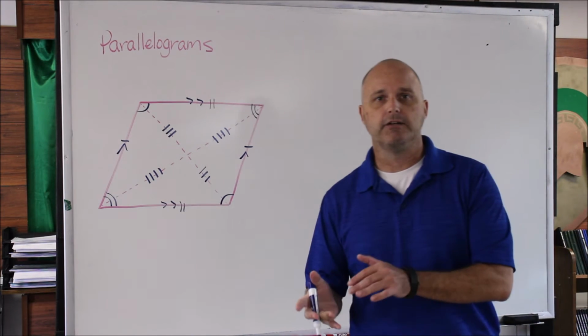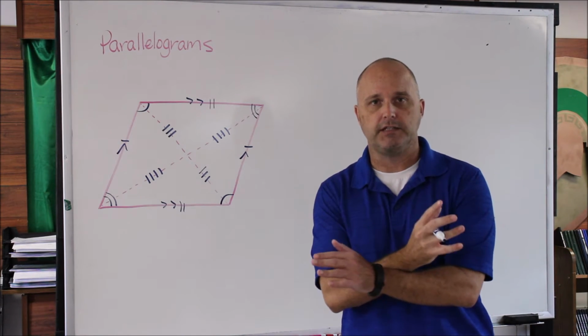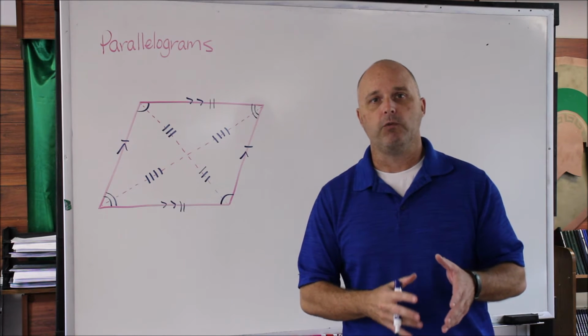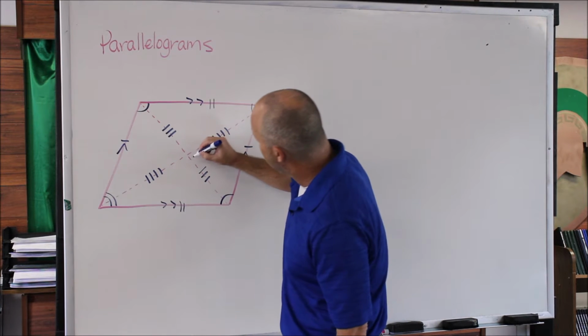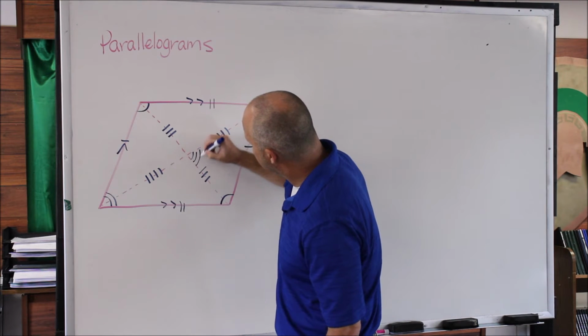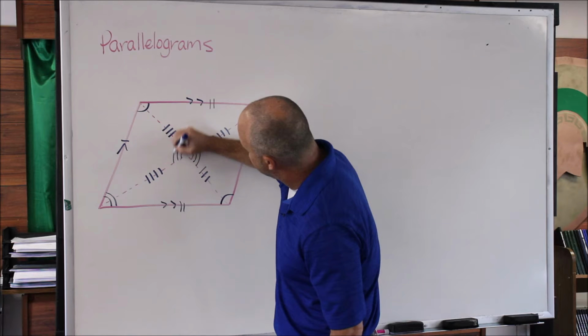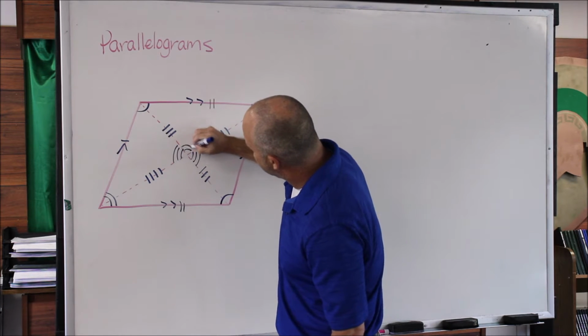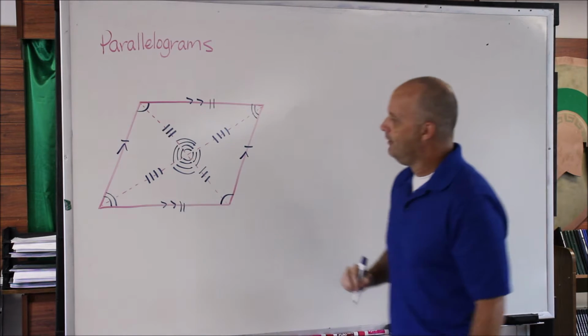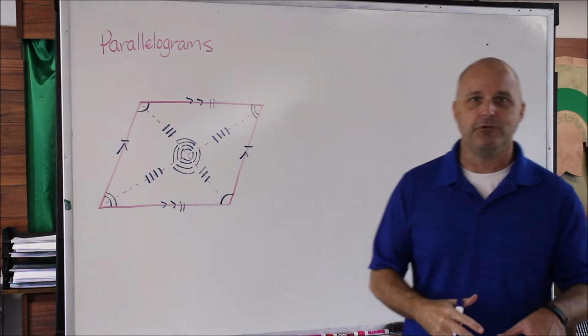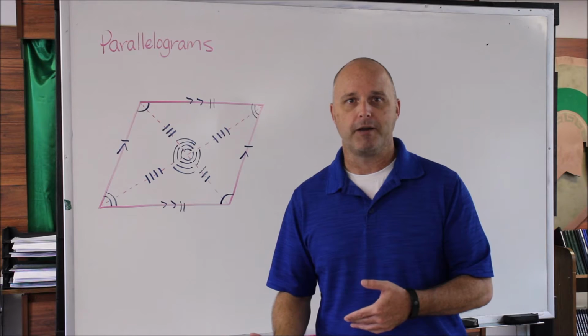And since the diagonals are basically lines that intersect each other, then we also know that we've got vertical angles inside as well. So this angle here will be congruent to this angle here, and this angle here will be congruent to this angle here. So those are all the different things that you would want to be able to label when you're talking about a parallelogram.